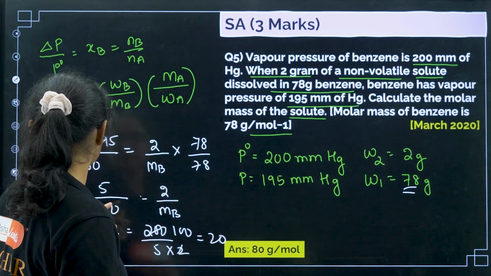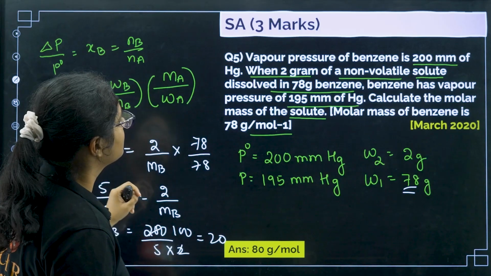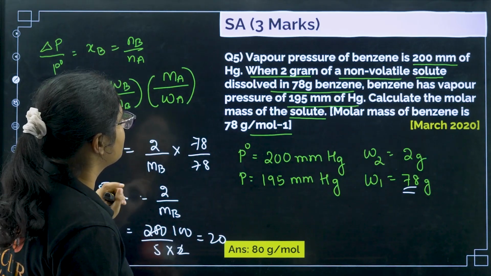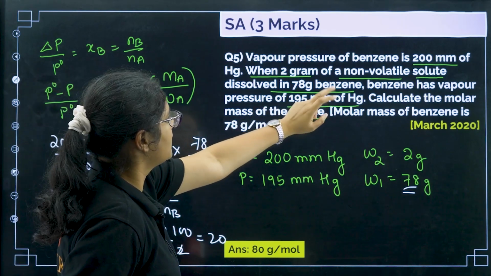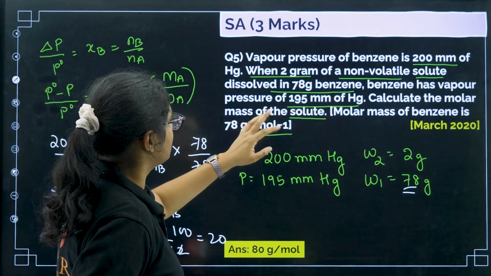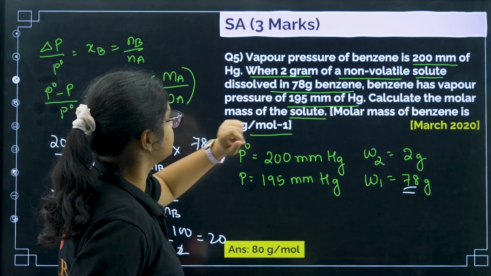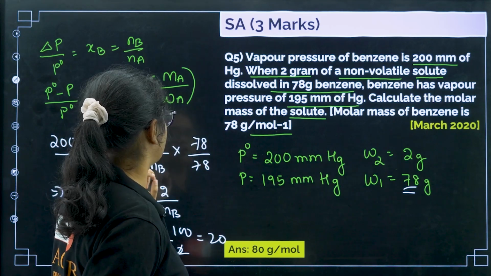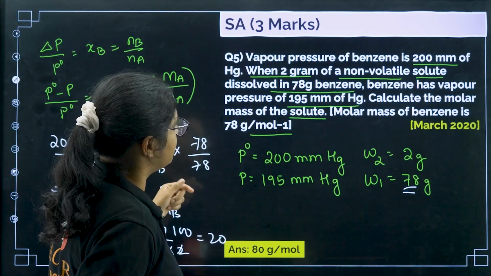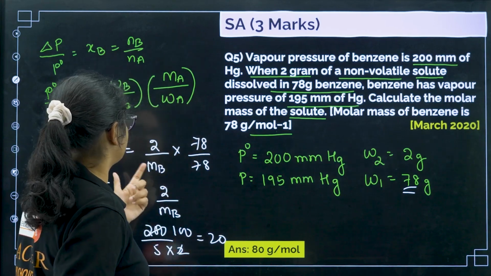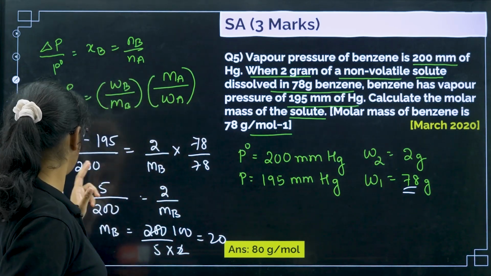We have here 200 mm of Hg, then we have 195. The vapor pressure of the benzene when 2 gram of a non-volatile solute is added to 78 gram of benzene. Given mass by molar mass, this part is correct.